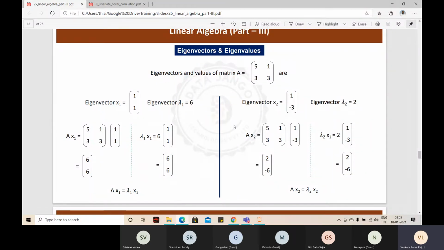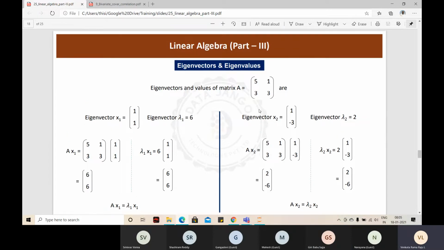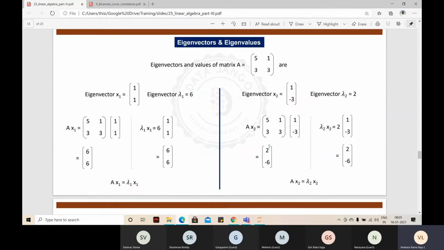How to derive eigenvalues and eigenvectors mathematically, we'll see in a moment. No, sir. I just wanted to know how they were arrived at. But anyway, you said you will. Yeah, we will actually. I'll show you in a moment.